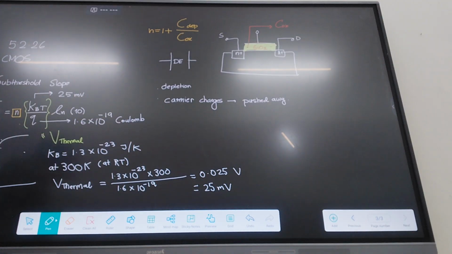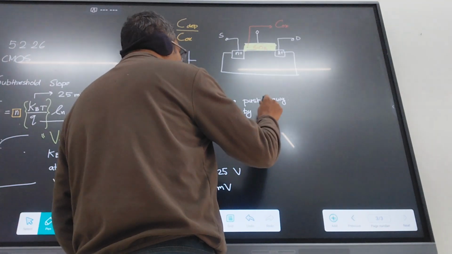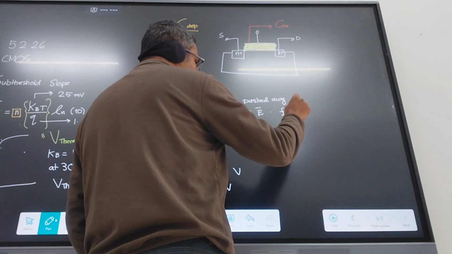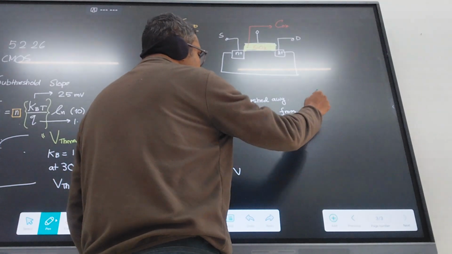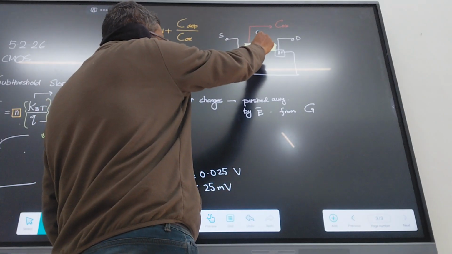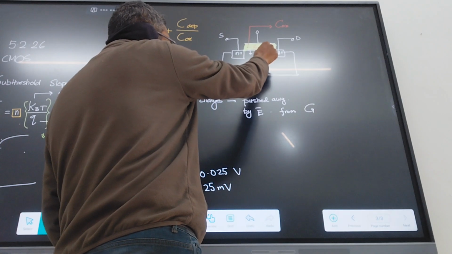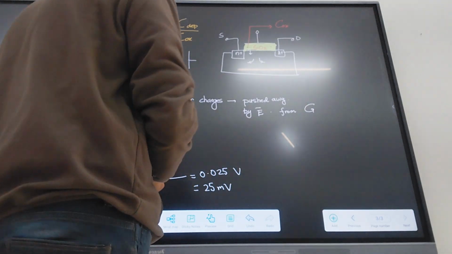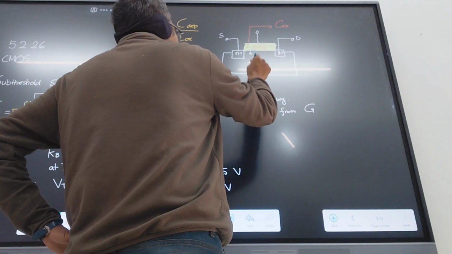They will be pushed away by what? By the electric field from the gate. The electric field generated here will push away the charges. And this pushing away of the charges will create a depletion zone for you.